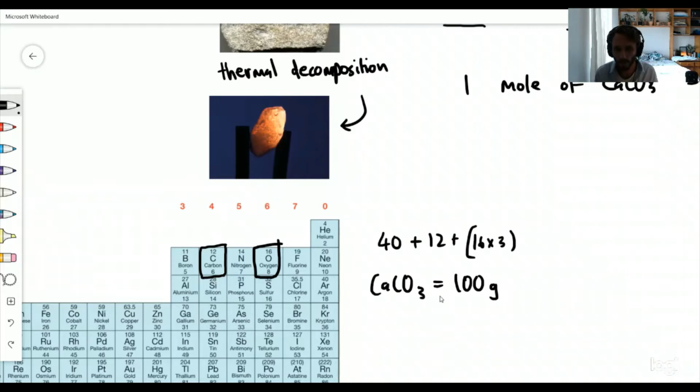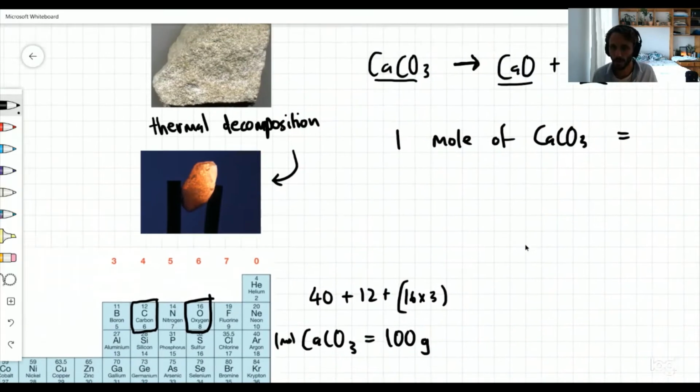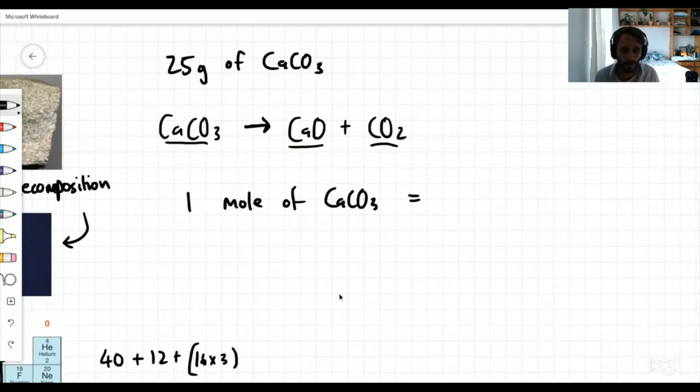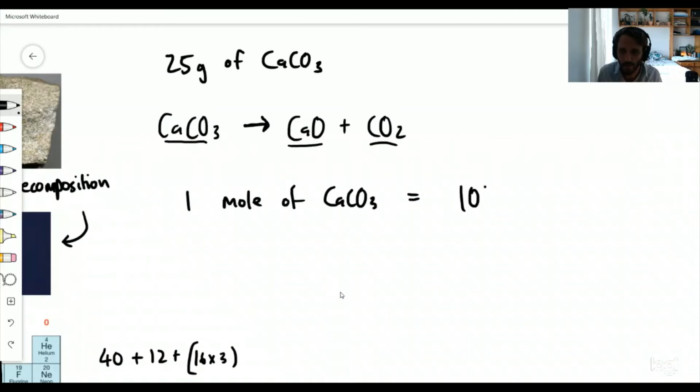That's 1 mole. 1 mole equals 100 grams. So 1 mole of calcium carbonate is 100 grams. Now remember, how many grams are we working with? We're not working with 100. What did the question say? The question said 25 grams. So it's almost like this 100 is turning into 25 grams. We will now be able to get how many moles is 25 grams of calcium carbonate.